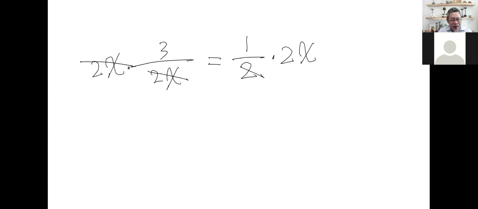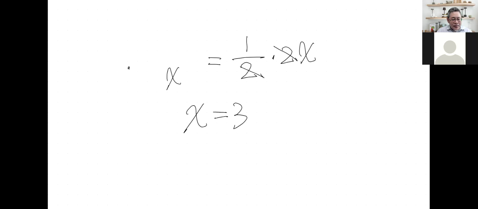So we actually got x equals 3. You got 6 over 2, you just need to simplify it. Well, you got it correct, but not simplified. So 6 divided by 2 is 3.